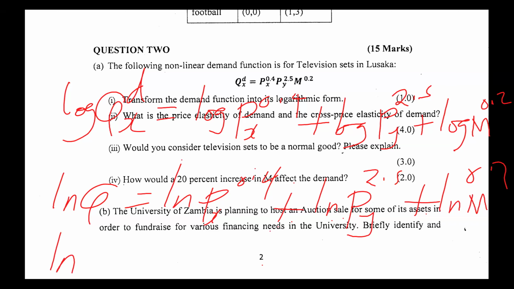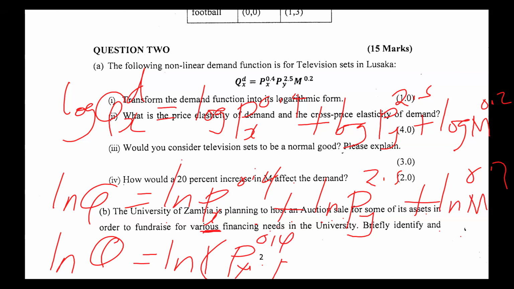The natural log of Q is equal to the natural log of the bracket, Px to the power 0.4 times Py to the power 2.5 times M to the power 0.2, since natural log is common on both sides.